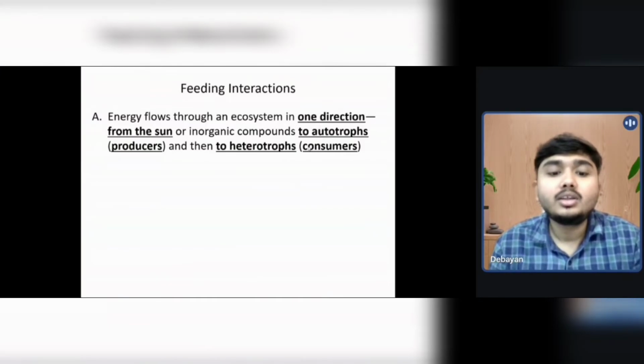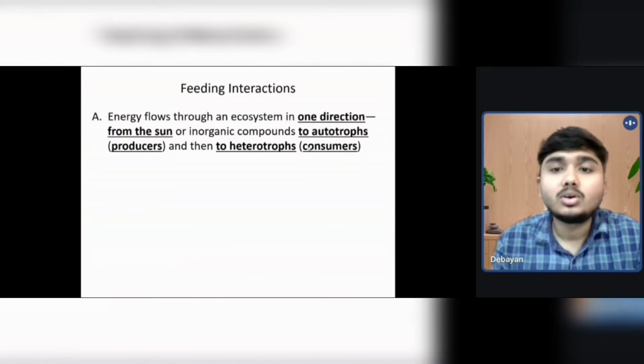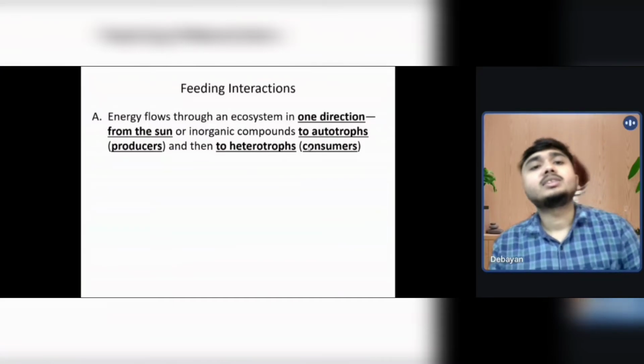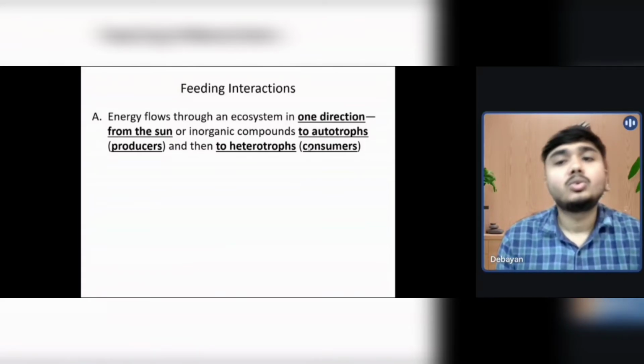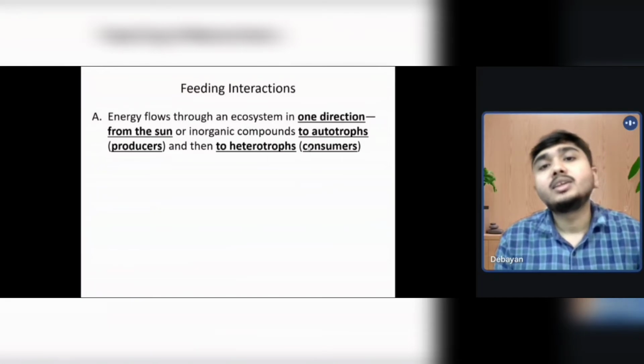Sun, a tree, then heterotrophs, and then final consumers.